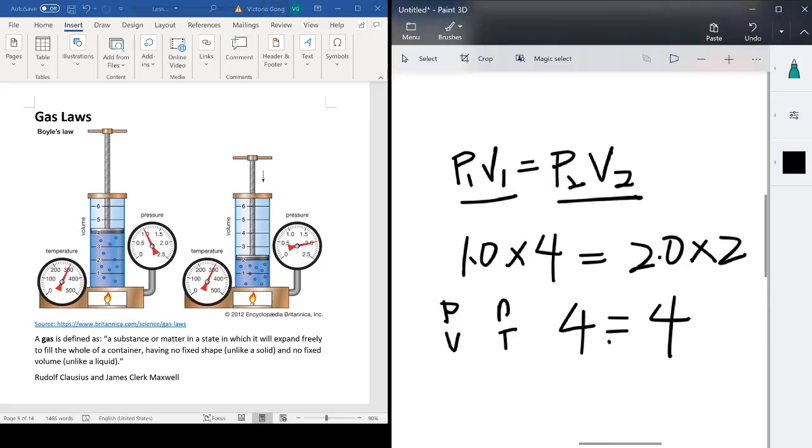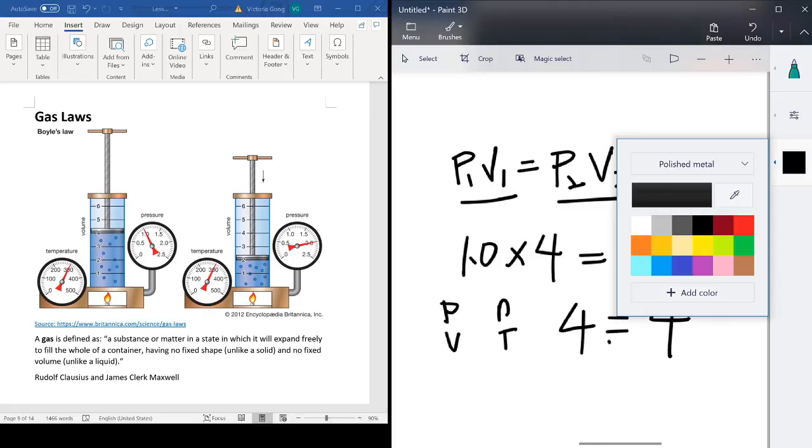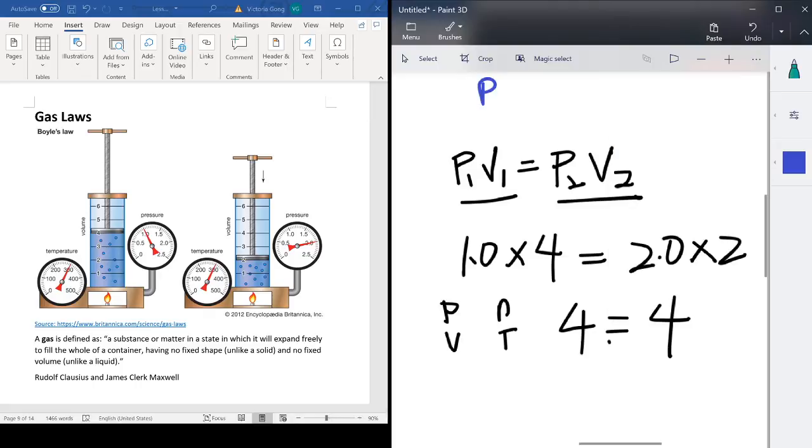Well, if we have these as products right now, we can also write them as ratios. So pressure of 1 divided by V2, or I guess, yeah.